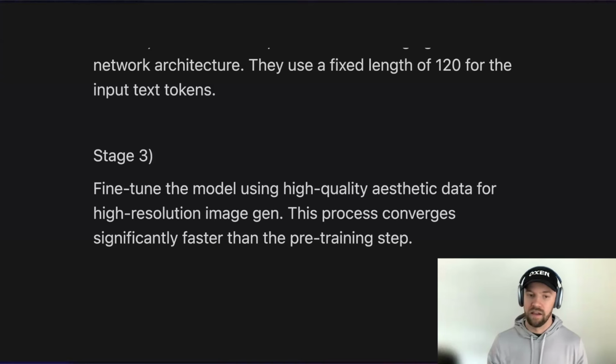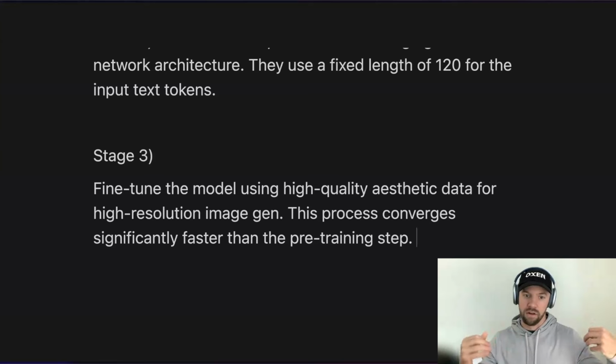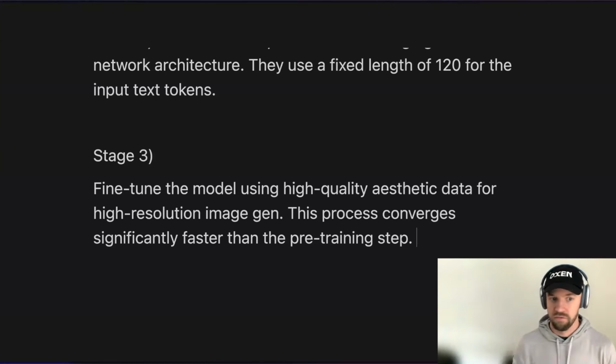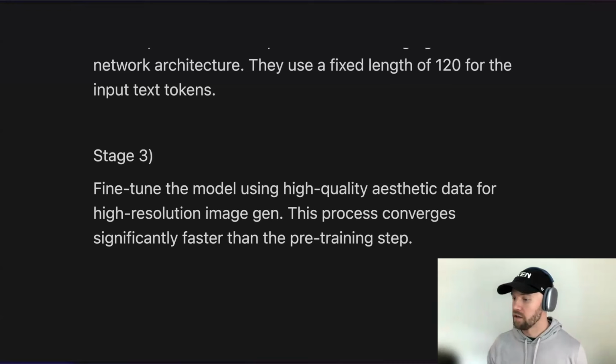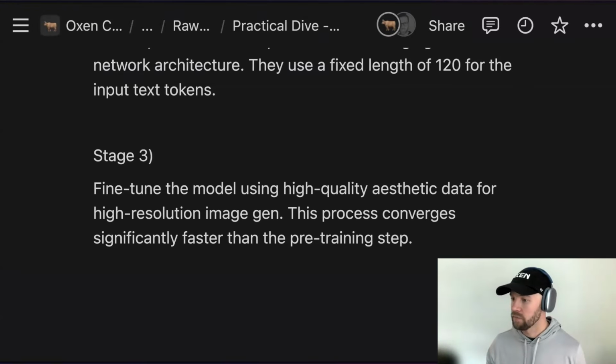And they say that this step converges significantly faster than the pre-training steps. So it's kind of this 3-step process. 1, pre-train it on ImageNet, which somebody else did before this work. 2, inject the features from the T5 encoder. And then 3, collect a massive data set and train it again on higher quality text to image pairs.